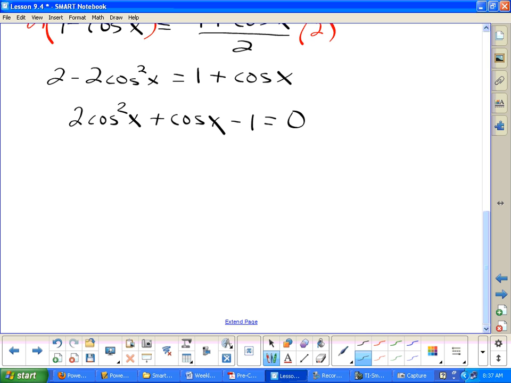All right. Can we factor this now? It's actually pretty easy to factor, considering we only have 1 and a 2. Very small numbers, that's a bonus.